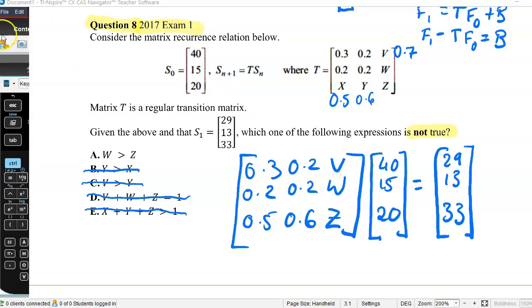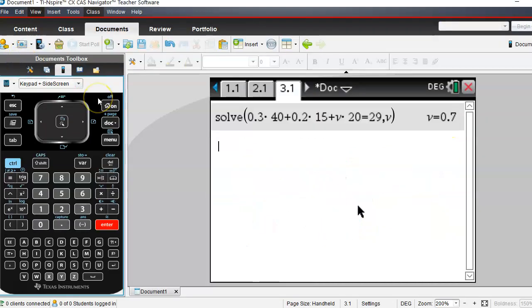So if I again use my solve, 0.2 times 40 plus 0.2 times 15 plus w times 20 gives me 13.